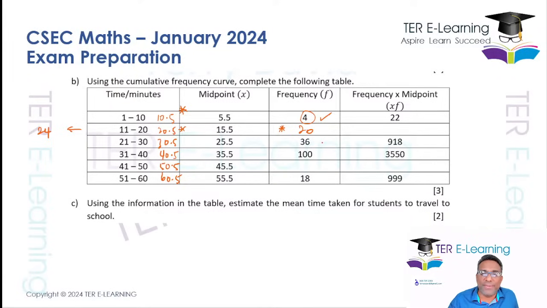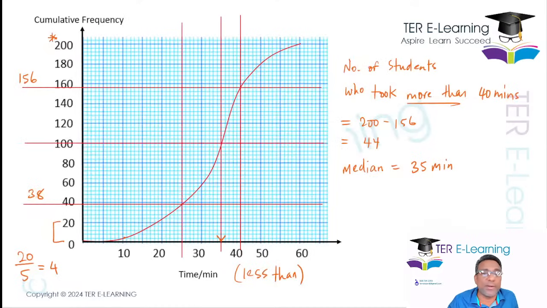Now, they already filled out this for us, so we have one that is missing. I need to read off at 50.5. So when I read off 50.5, let's go back to the graph. 50.5 is going to be about 182.